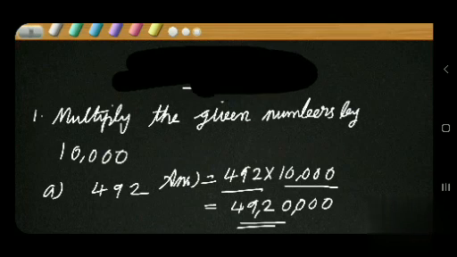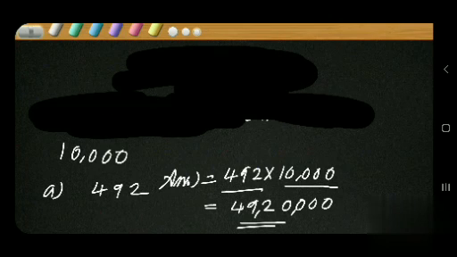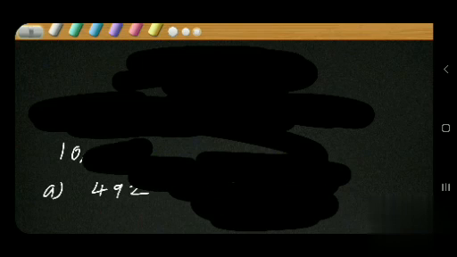Now, let's try to do B. We have done many examples while writing the notes. That also have to be learned. Now, write down example B. The question is 57. How to multiply 57 into 10,000? This is not 67.